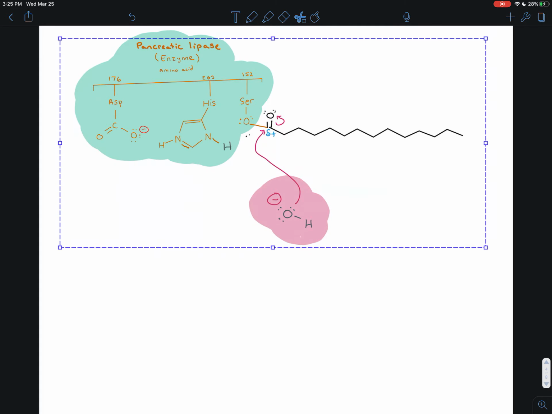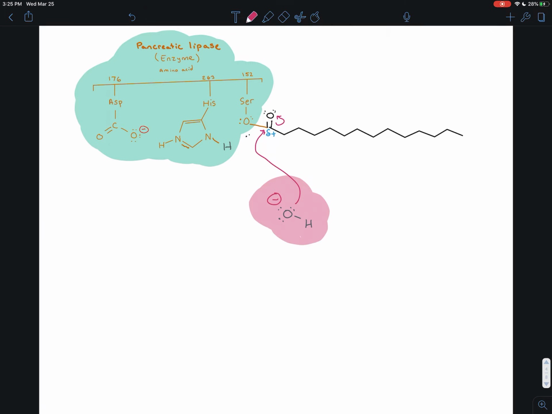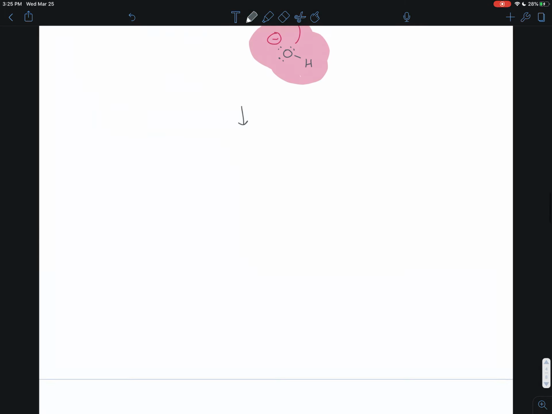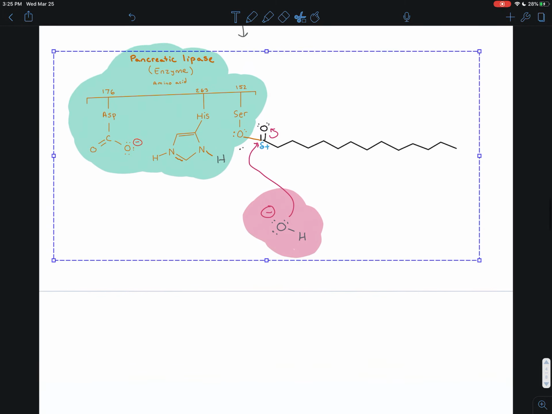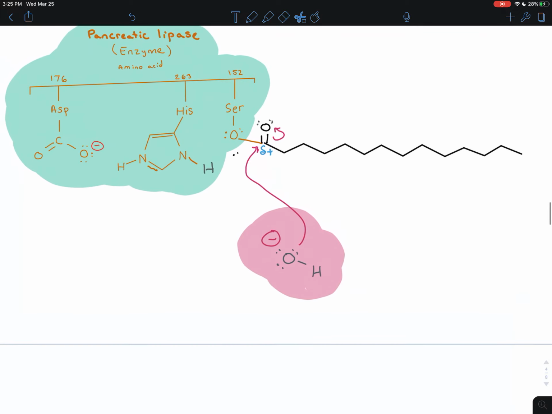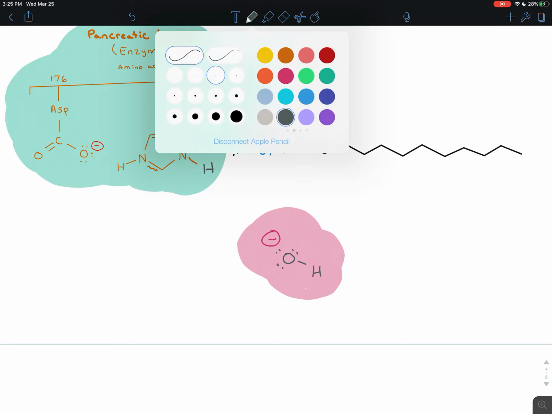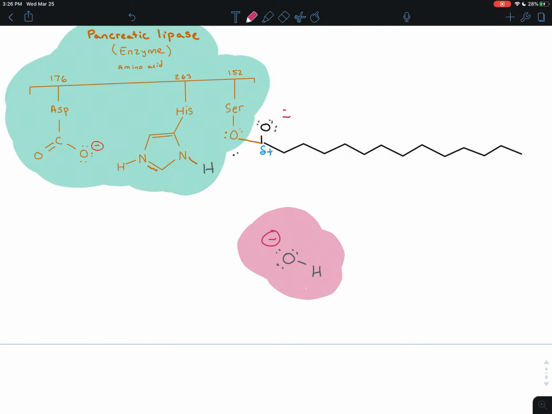So, after that step, we will be left with this pi bond breaking. Now we have a third lone pair here and a full negative charge on that oxygen.